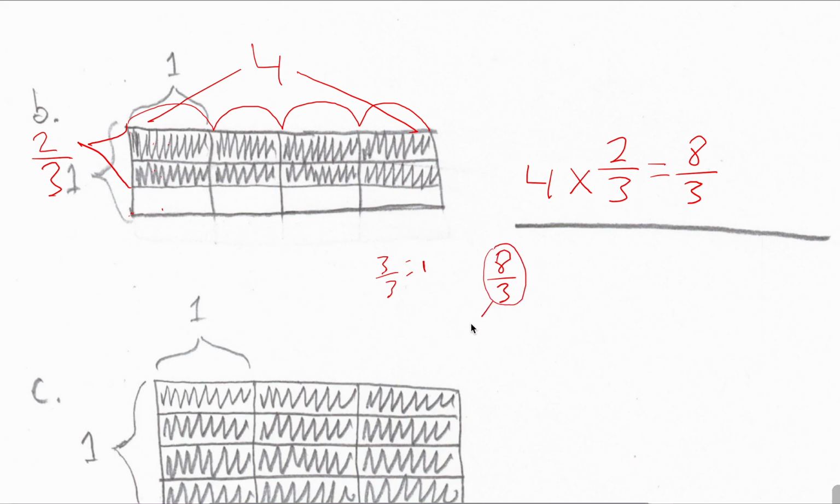Let's break it up into 6/3 and 2/3. I'll break it up like this because every 3/3 I have one whole. So if I have 6/3, then I have two wholes. So 8/3 just means two wholes plus an additional 2/3. So 8/3 equals 2 and 2/3.